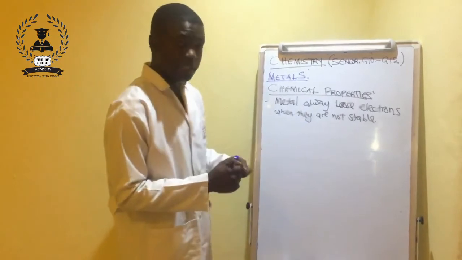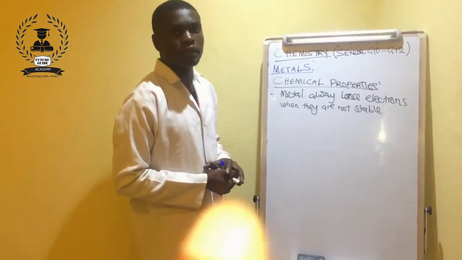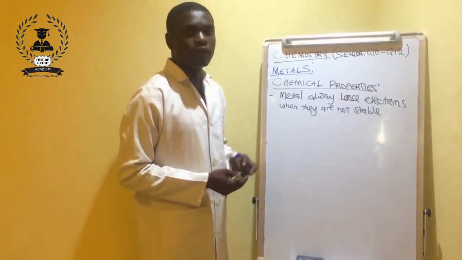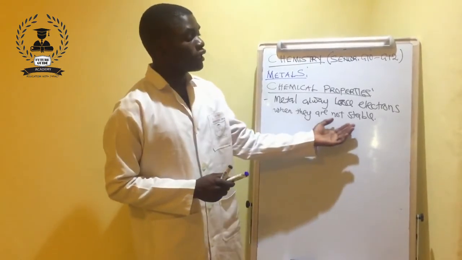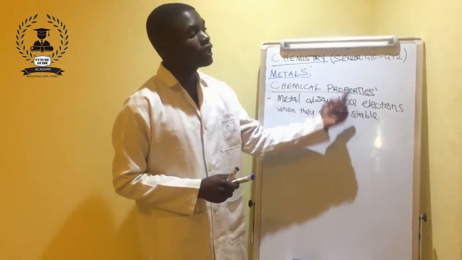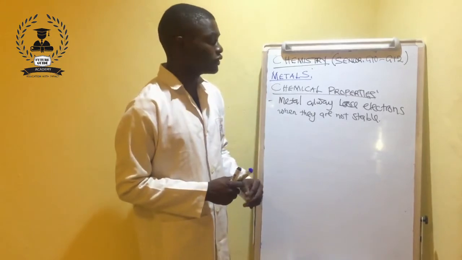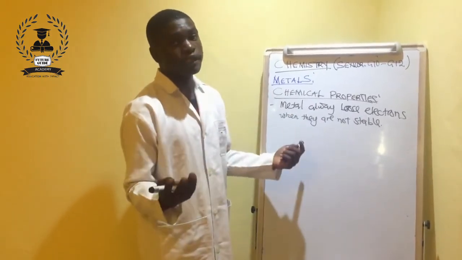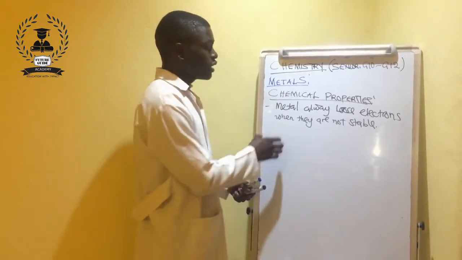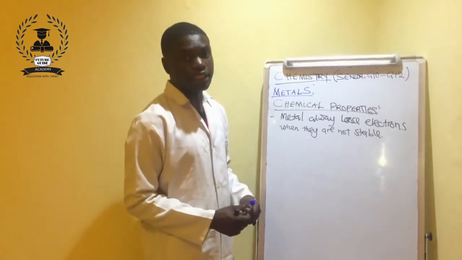When they are not what? Stable. So meaning when these metals are not stable, they are going to lose out the outside electrons. In the outer shell, those electrons will be lost. As a result, they will gain stability.